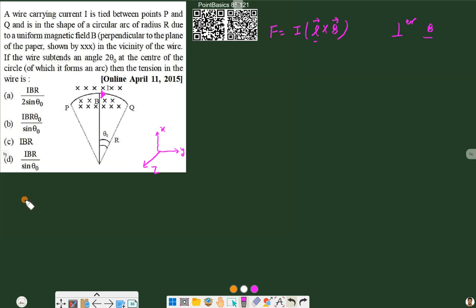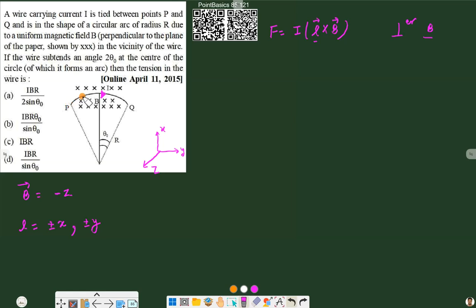As our magnetic field B is in the minus z direction, our length can be either in the positive or negative x direction, or positive or negative y direction, and that will be decided by the direction of the current. As we can see here, prominently the current is in the x direction. Yes, there is a y component also. You know that current is not a vector quantity.